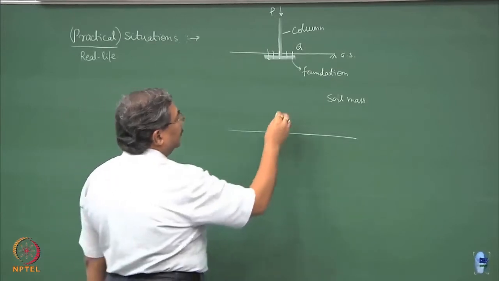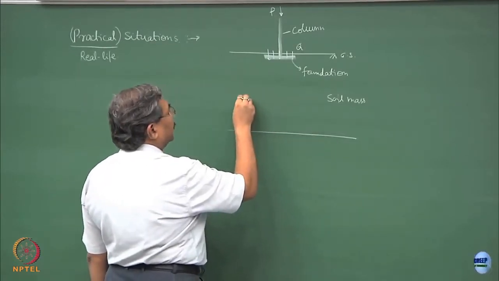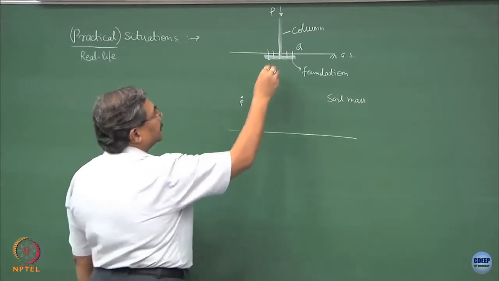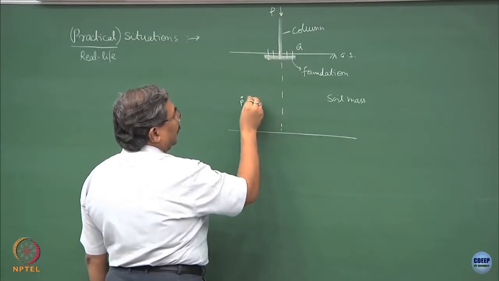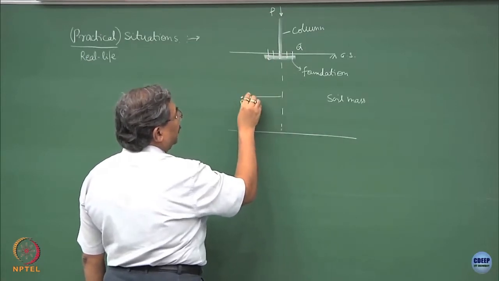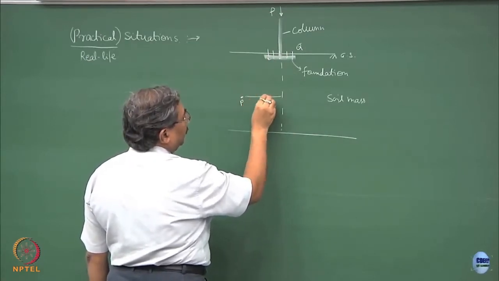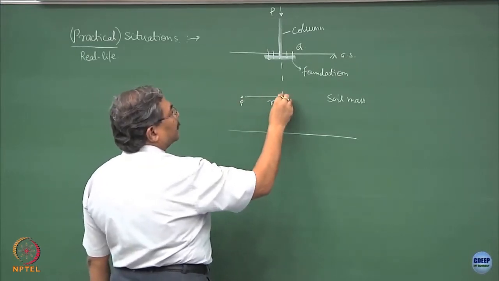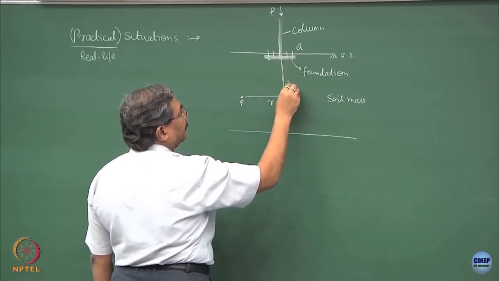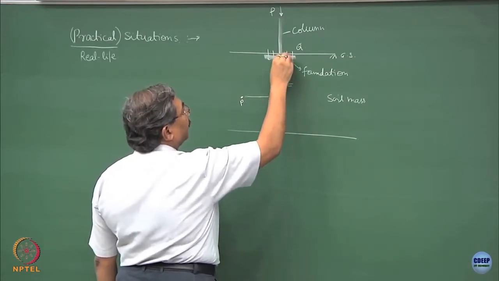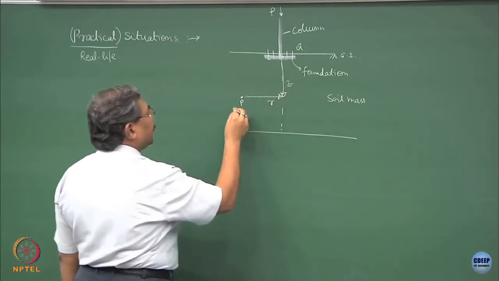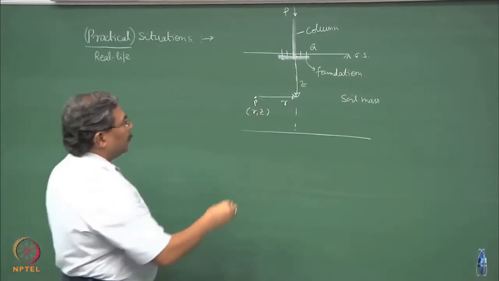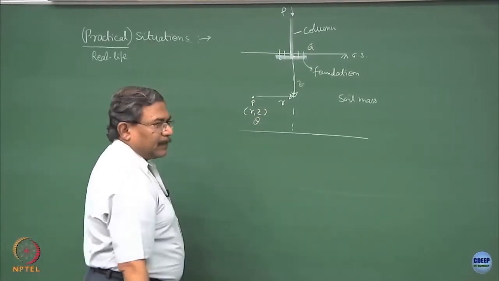I would like to understand what is the state of stress at this point P, and this point P can be defined in such a manner that this is the radial distance R and the depth of this point is Z. So basically it has the coordinates R, Z. I can include theta also here, it could be R, Z and theta.